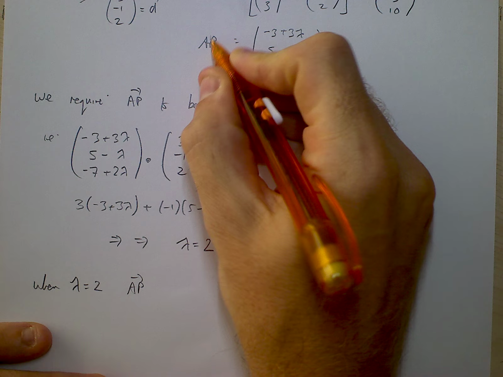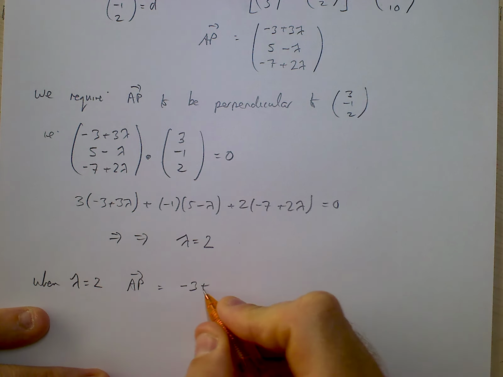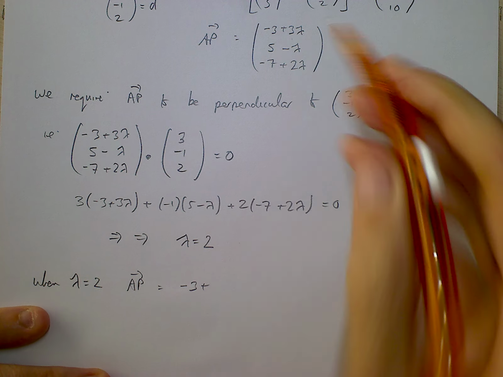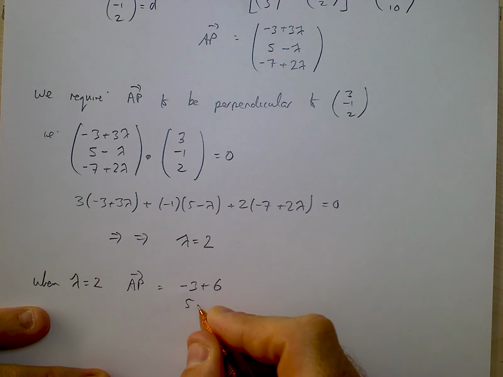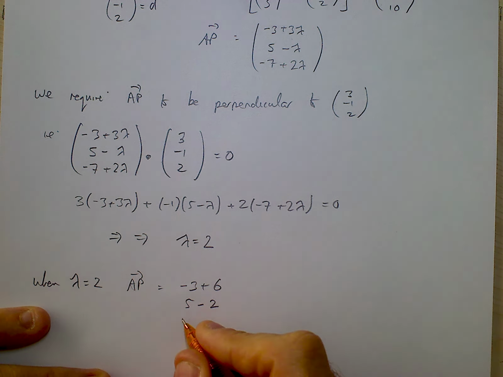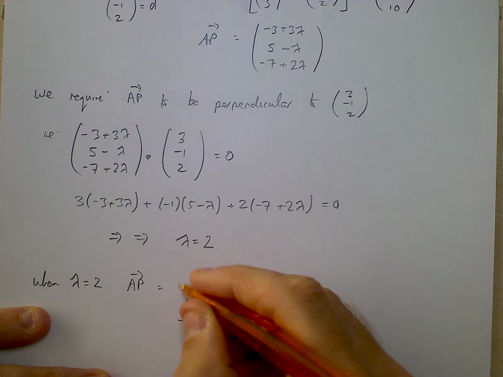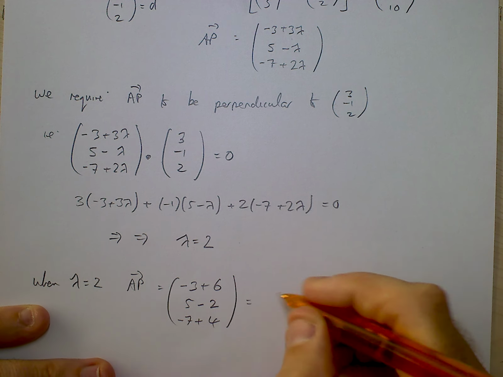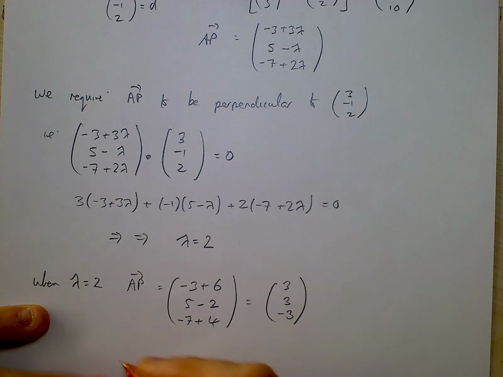This is my vector AP from before, equal to -3 + 3 lambda, that's 3 lots of 2 is 6, and 5 minus lambda, 5 minus 2, and -7 + 2 lambda plus 4... gives me the vector (3, 3, -3).